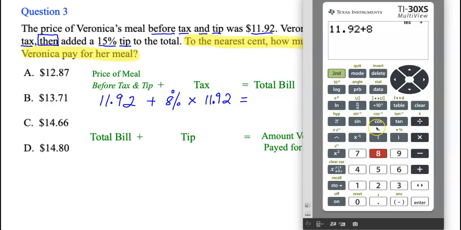Then I'll tack on the percent symbol. Remember, to access this, you need to hit the second button first. Second, open parenthesis. And that tacked on the percent symbol. Times $11.92. Once I punch this in, I hit enter. That's my total bill. I'm just going to take it out to 2 decimal places because it's money. So I'm going to write down $12.87.